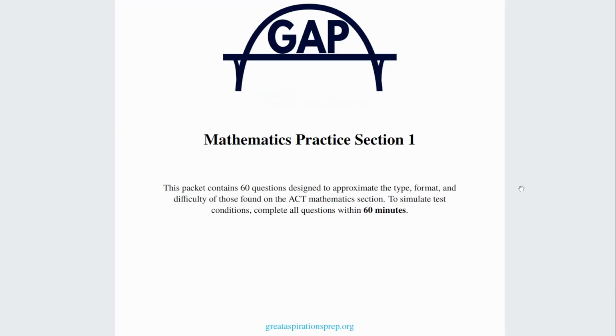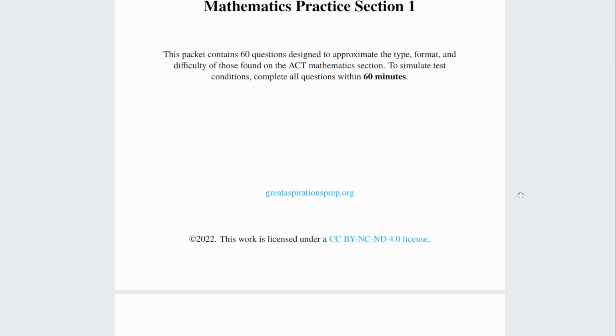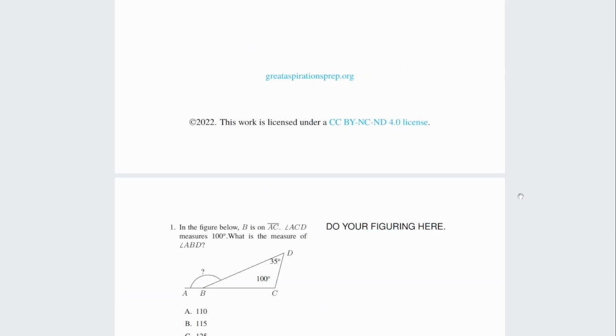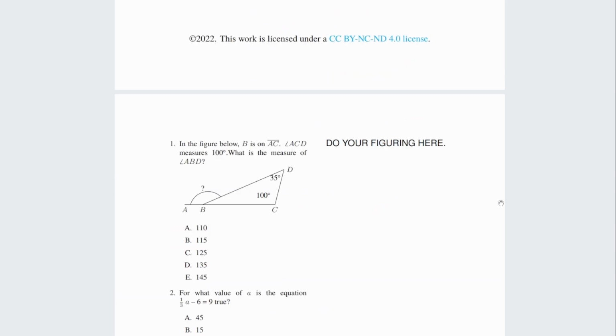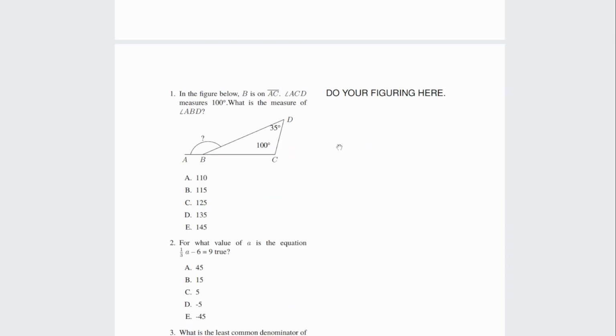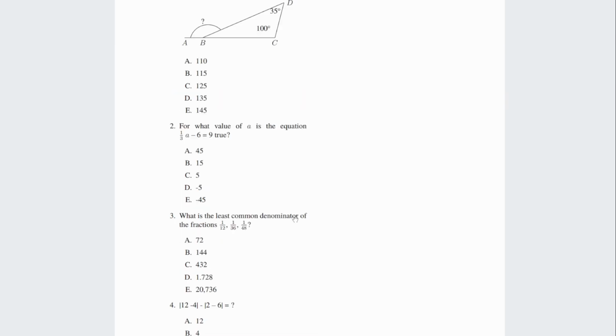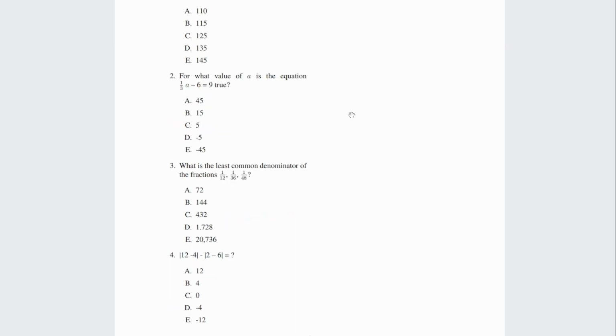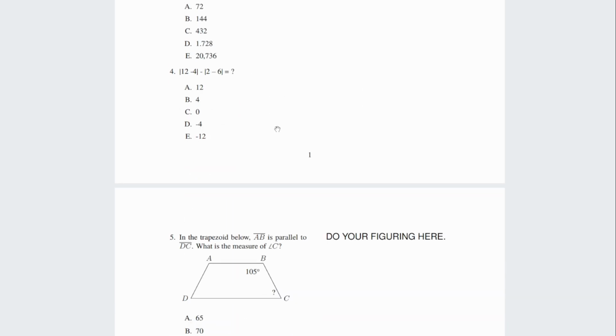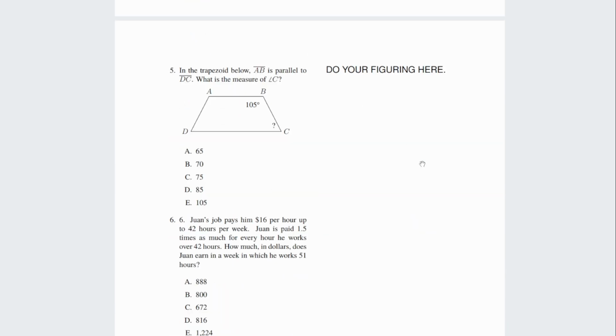So you'll notice with most of these math sections that the questions are organized more or less in order of difficulty. The first question that we have is easy. It's triangle angles, just adding up and figuring out which angle adds to 180, or some slight twist on that. We have some basic algebra, some basic fractions, arithmetic, this sort of thing.